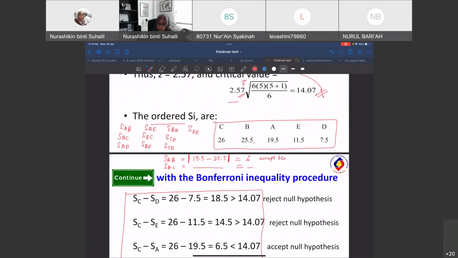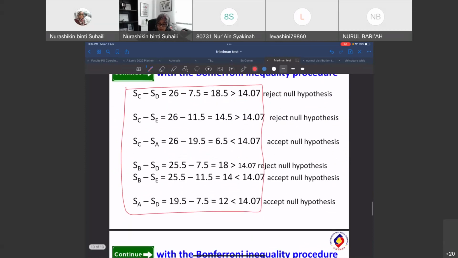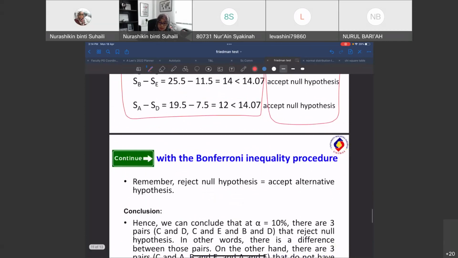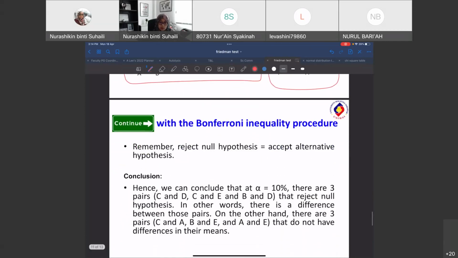Okay. So at the end, once you have all the list of the decisions, the last step is to make a conclusion. So you have to state in your statement that at alpha equal to 10%, there are 3 pairs that reject the null hypothesis, means there is a difference between those pairs.